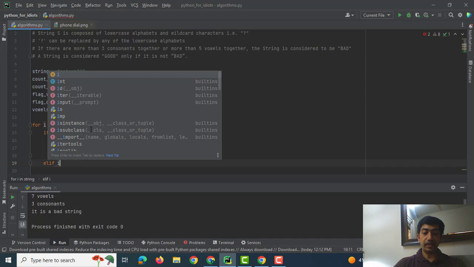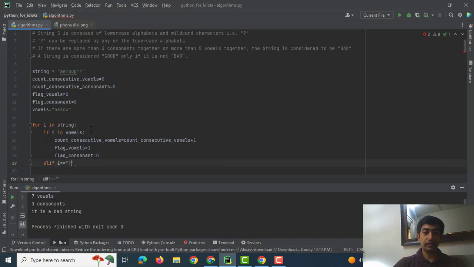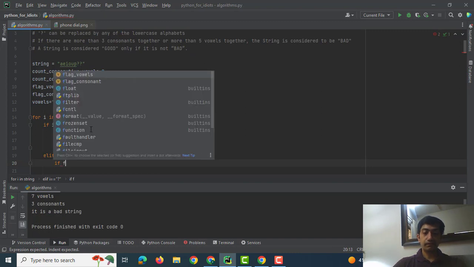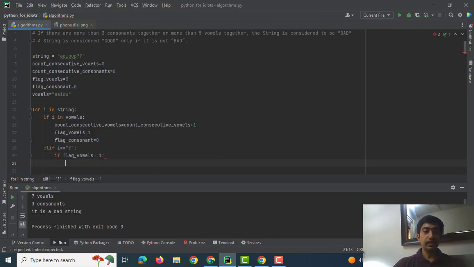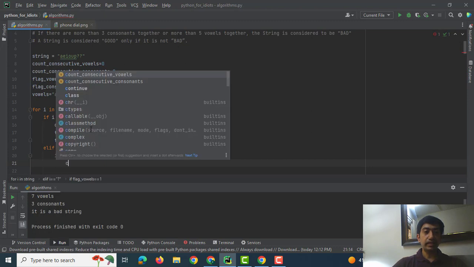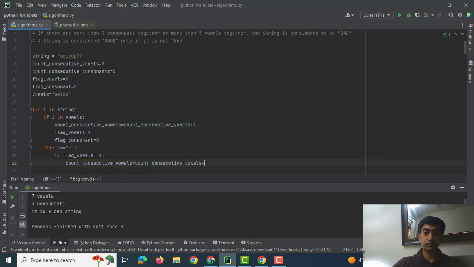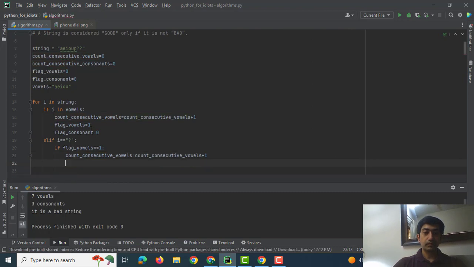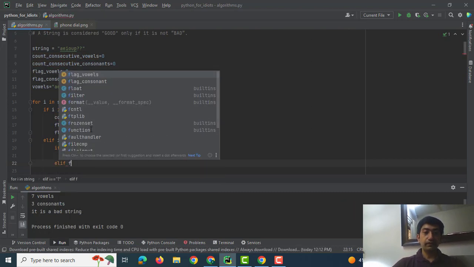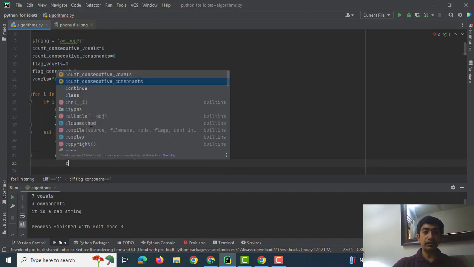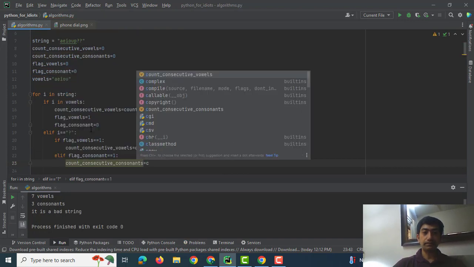Elif, if i is a question mark, that is a wildcard character, we first check if the flag vowel is 1, then we increment the count consecutive vowels by 1. Elif, if the flag consonant is 1, then we increment the count consecutive consonant by 1.